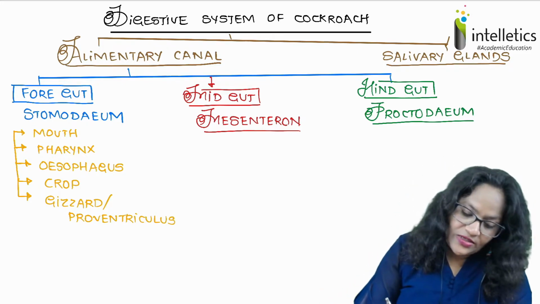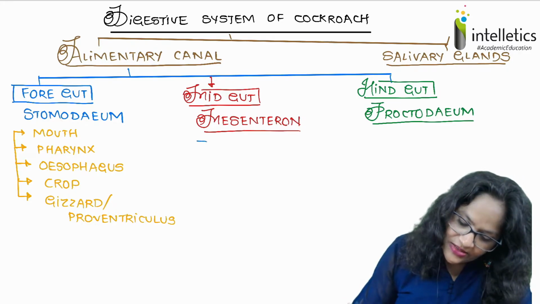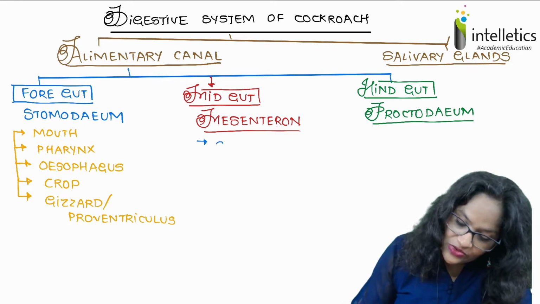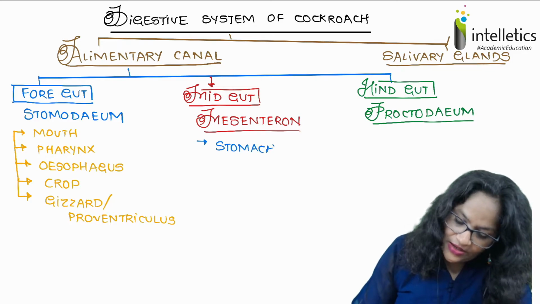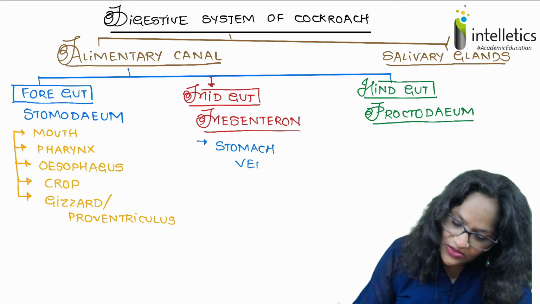Now coming to the next one, that is the midgut. The midgut, that is mesenteron, consists of which all parts? It consists of stomach, which is called as ventriculus.